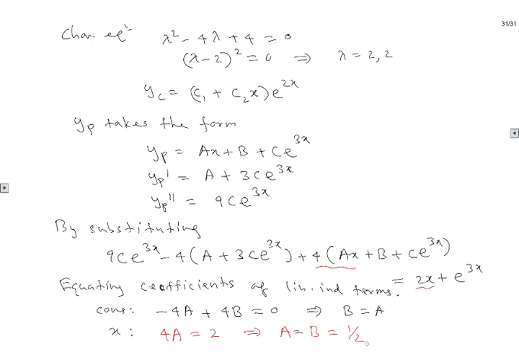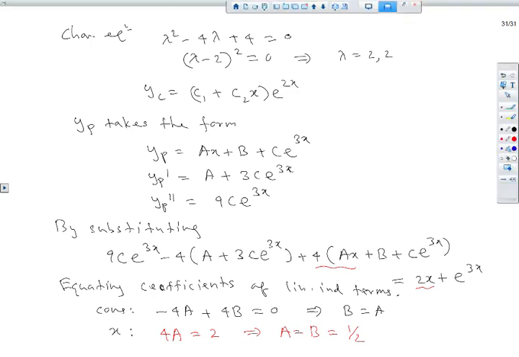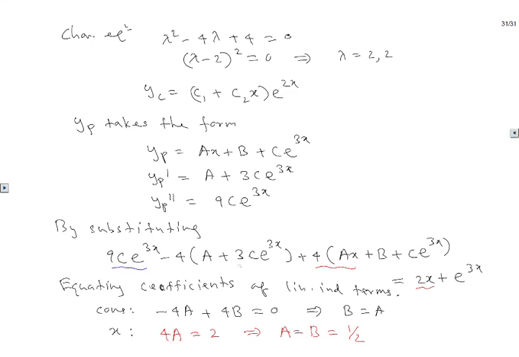Now we can equate the coefficient of e to the 3x. So what are the terms you're going to get? You get 3 terms: there's a c term here, there's one there, and there's one there, and you can equate that to 1.